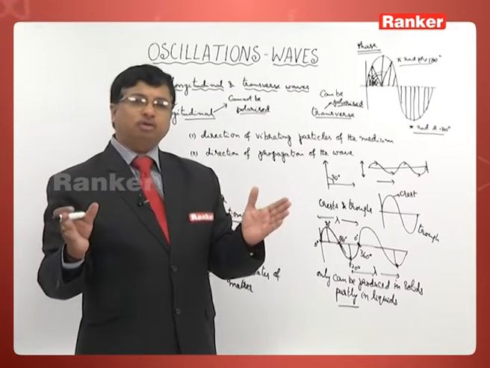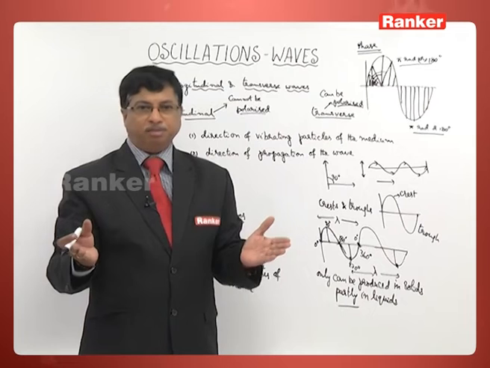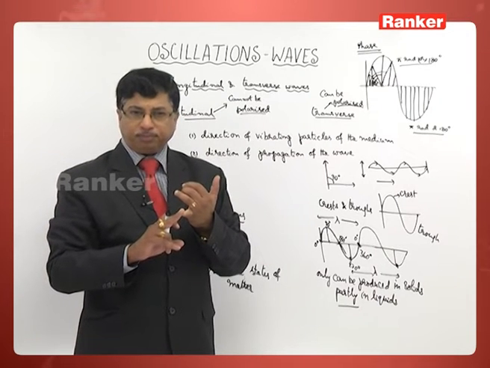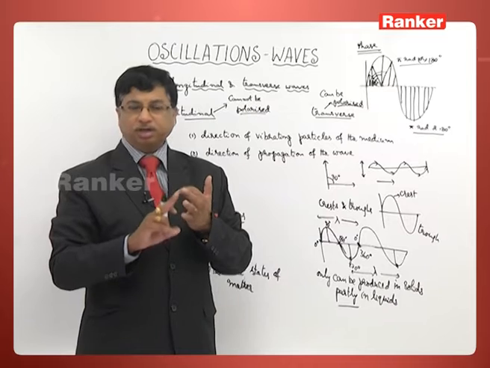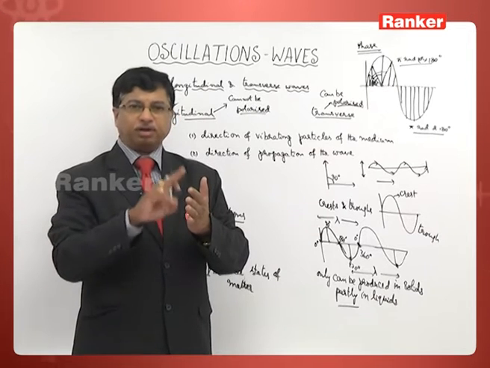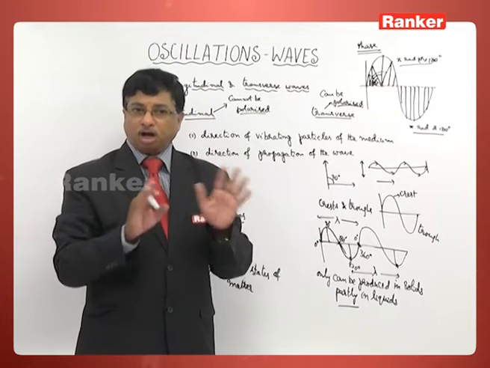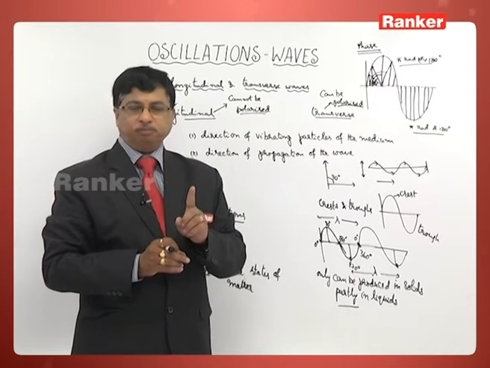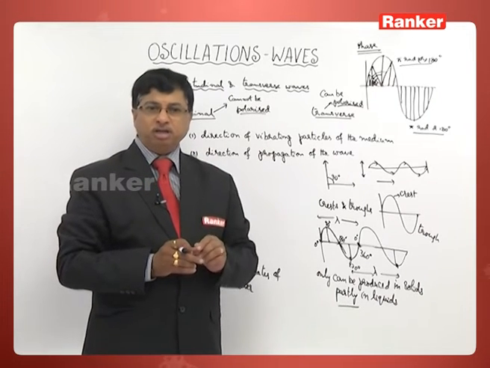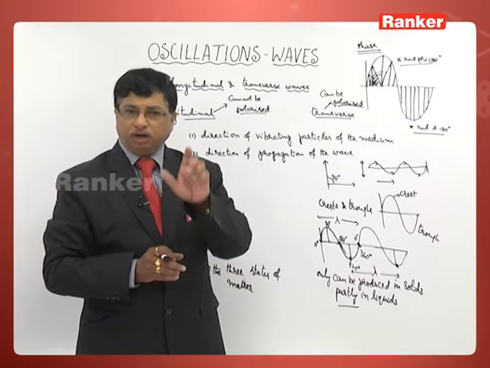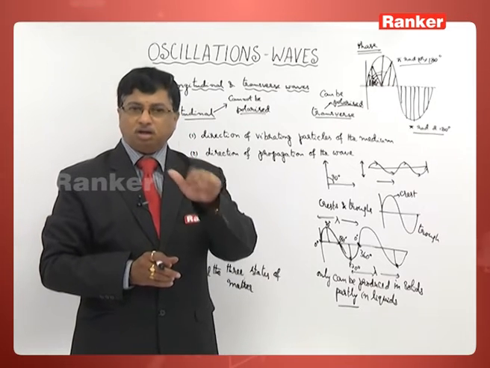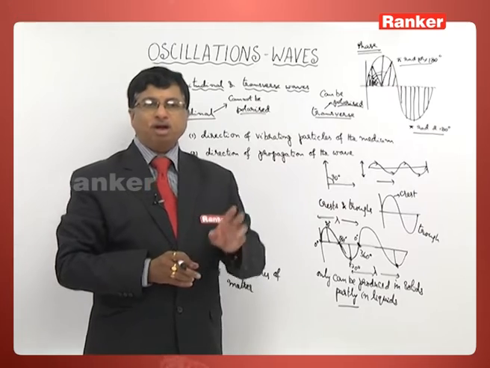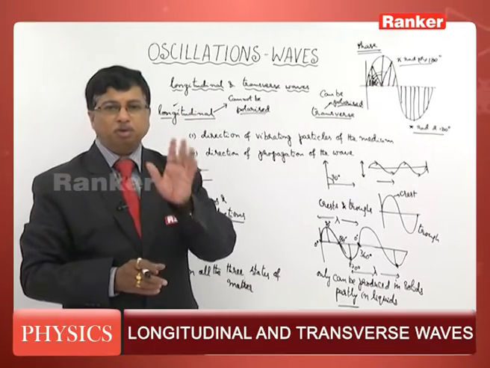When you are asked to compare sound waves and light waves, they both can exhibit reflection, refraction, interference and diffraction. All these four are common for both. But one particular phenomenon, which of course is polarization, you can observe only in transverse waves but not in longitudinal waves. Therefore, light waves can be polarized and sound waves cannot be polarized.